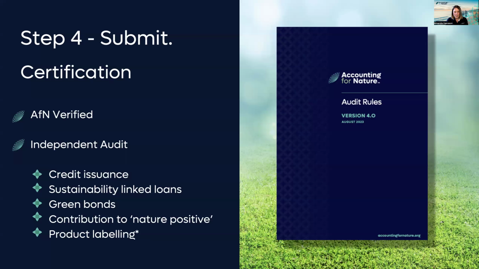Any claims about any type of contribution to nature positive goals need to be independently audited. And if you're seeking to utilize product labeling, you must first talk to us about the type and the design of product labeling to see if that environmental account also needs to be independently audited.